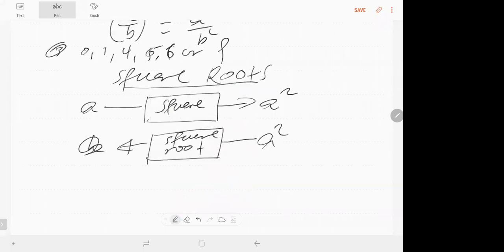So if we take a number and square it, we will get a square, and when we take a square and apply the square root, we get a again.